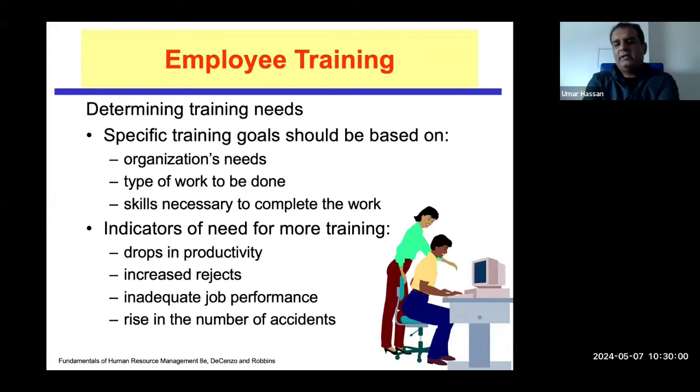So obviously, it starts with determining the training needs. Now, specific training goals should be based on organizational needs, types of work to be done, and skills necessary to complete the work.